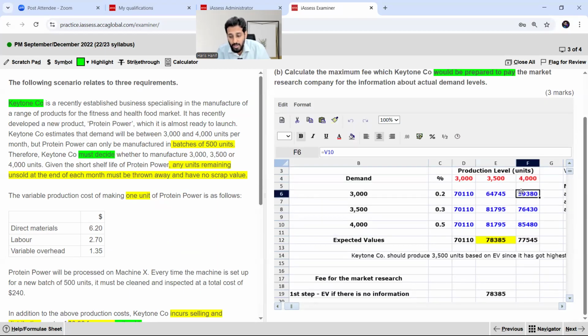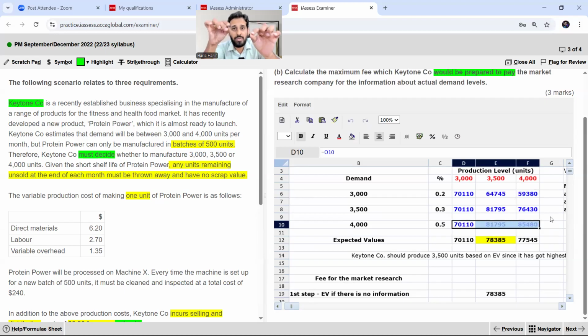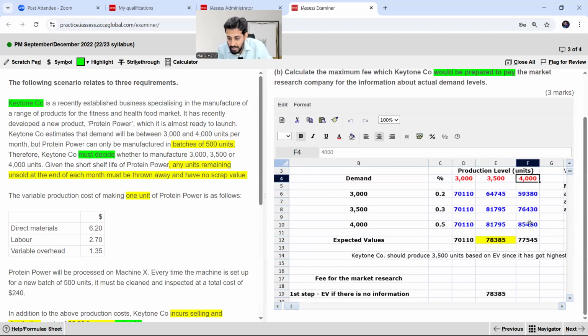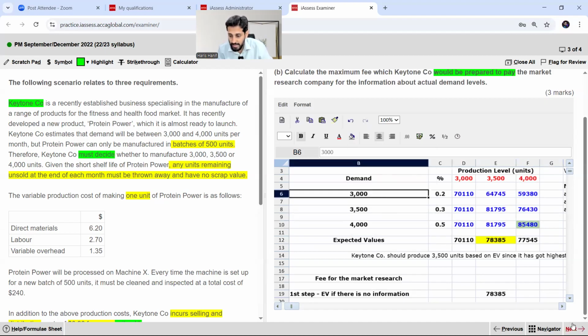And at 4,000, the best is 85,000. So if I'm a risk seeker, I will be going towards this option, the best out of the best. This is called the maximax.